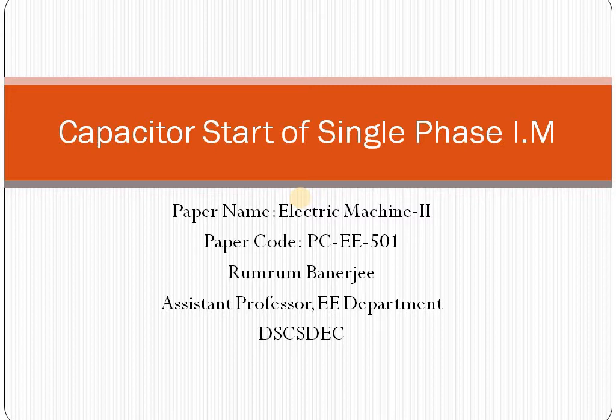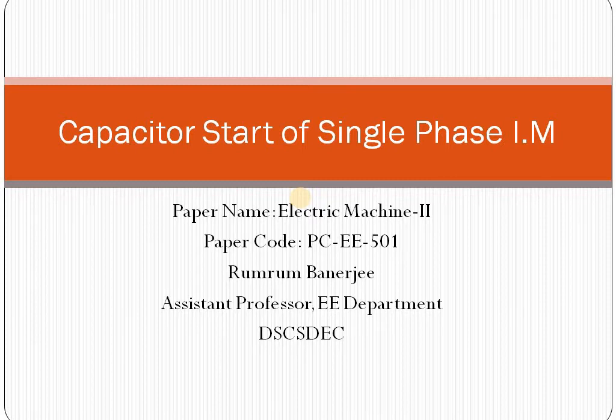Now in this lecture we will see how the single phase induction motor of the capacitor start and capacitor run type works. In our last lecture we saw that in the capacitor start motor, after reaching 70% of speed the auxiliary part is removed and the motor runs with only the main winding.